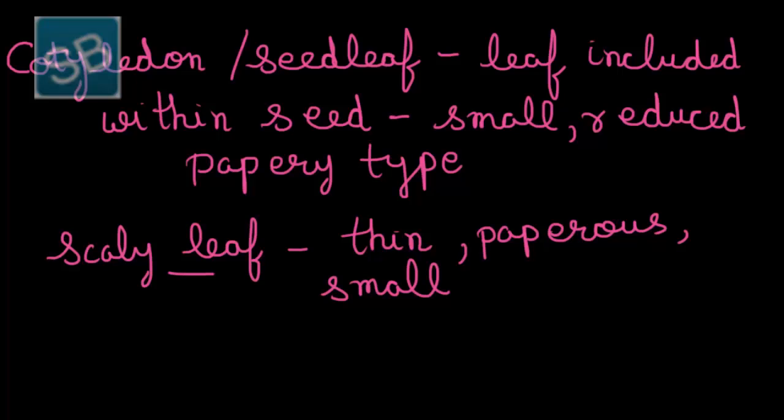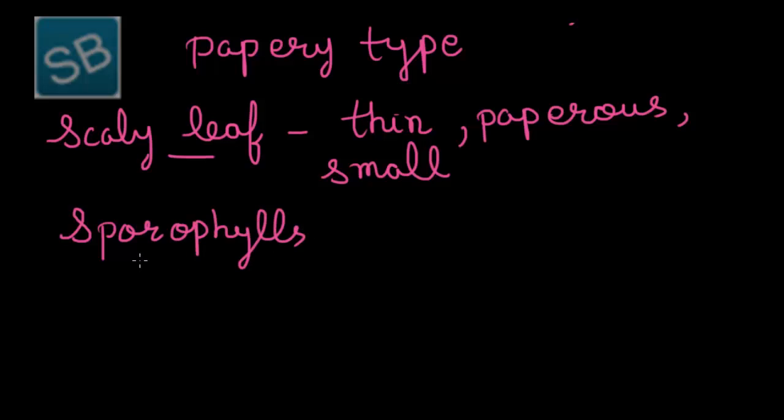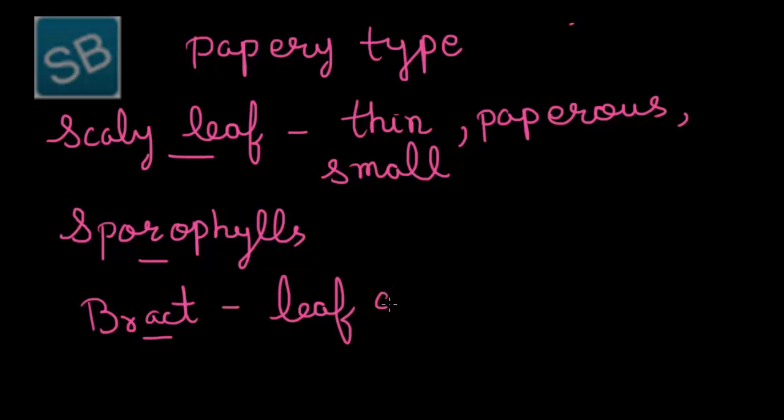Another type of leaf known as sporophylls also occur. Stamen and carpel are such examples. Moreover, there is a leaf type known as bract. This is a leaf that arises from the axil of a flower.